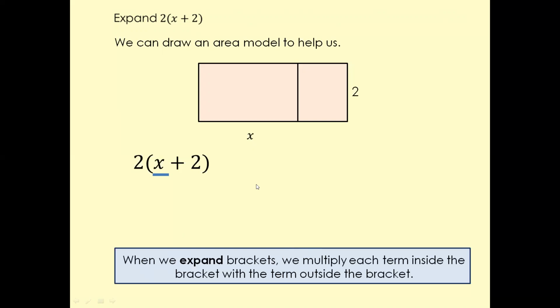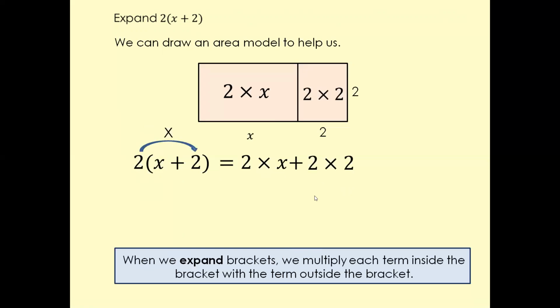So what we are going to do, we're going to times x with 2 first. So that is 2 times x. Add 2 times 2, which is 4. So the answer is going to be 2x plus 4. So sometimes we prefer this method, but some students prefer this way.